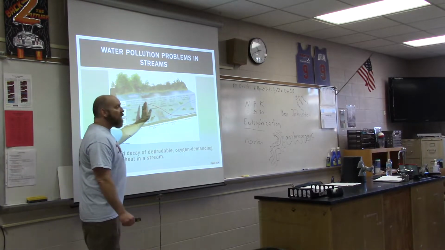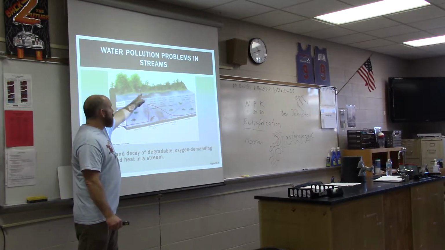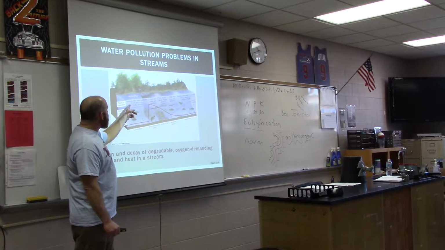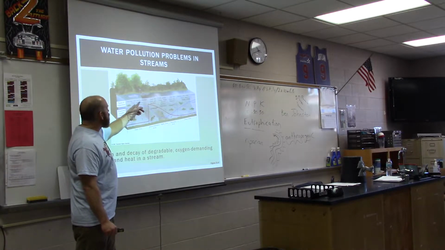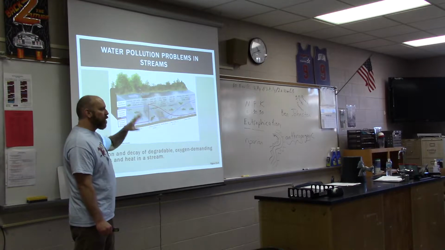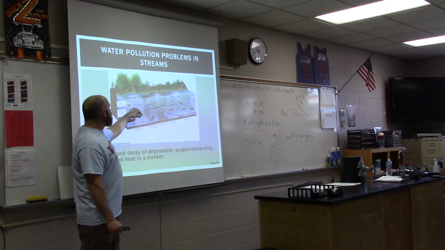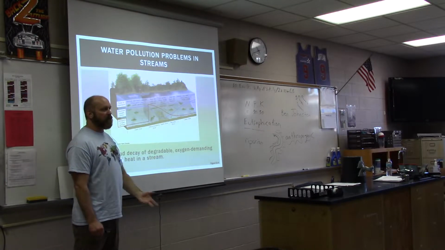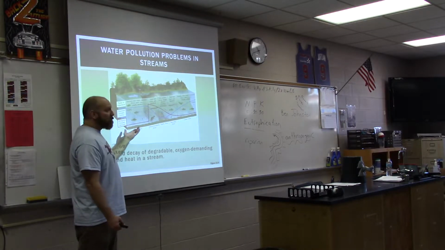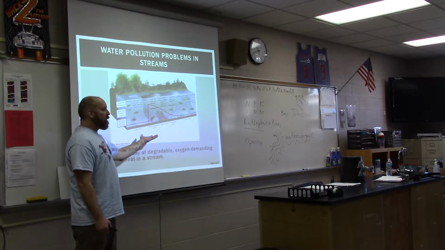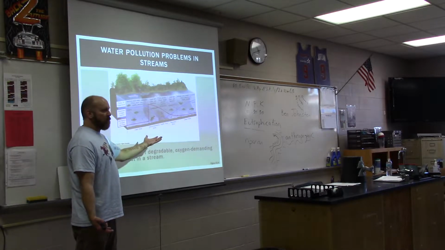Above the point source pollution, you've got normal clean water organisms: trout, perch, bass, mayflies, stoneflies. Those all indicate healthy water. Notice that the dissolved oxygen is way up here at 8 parts per million. That's really good, and that's because there's low BOD. There's low demand for oxygen.